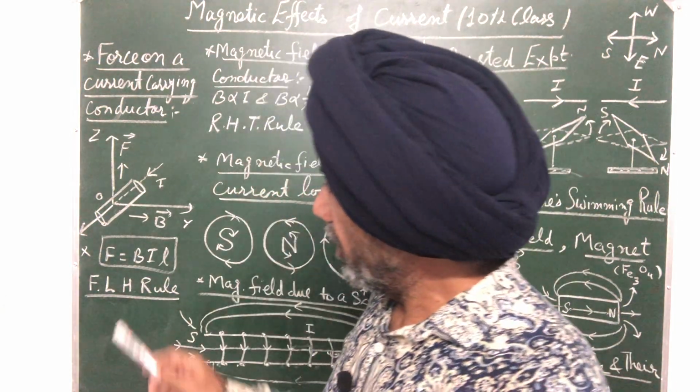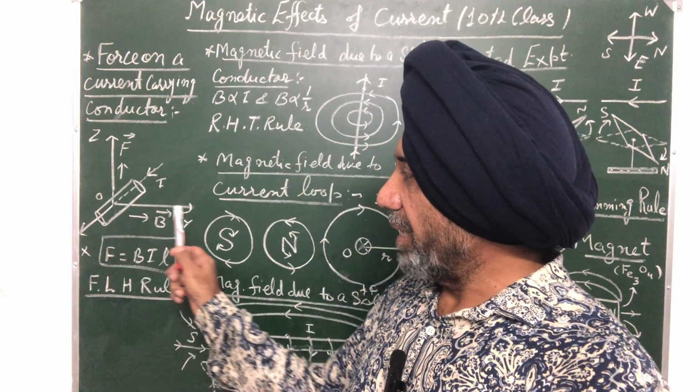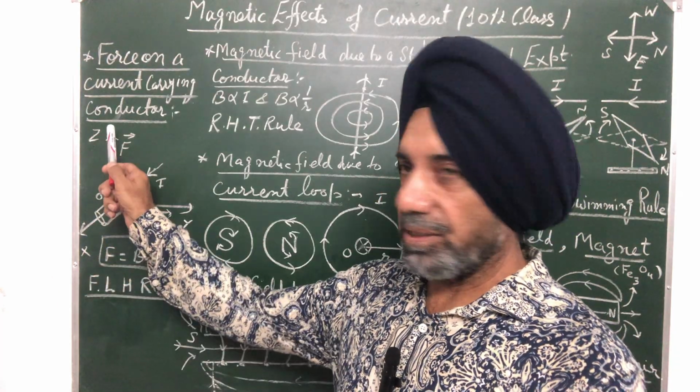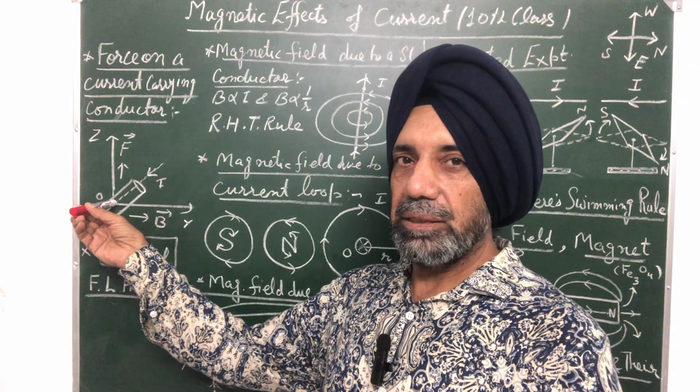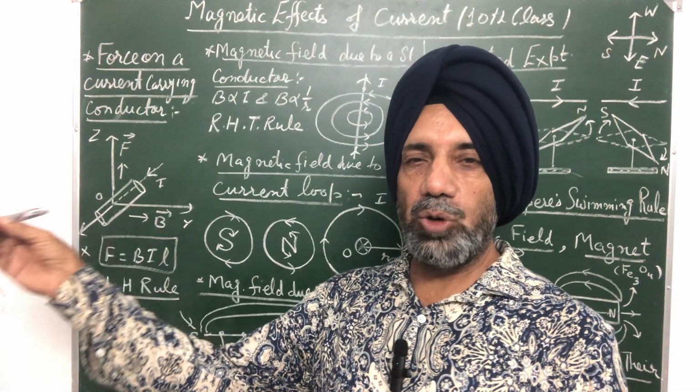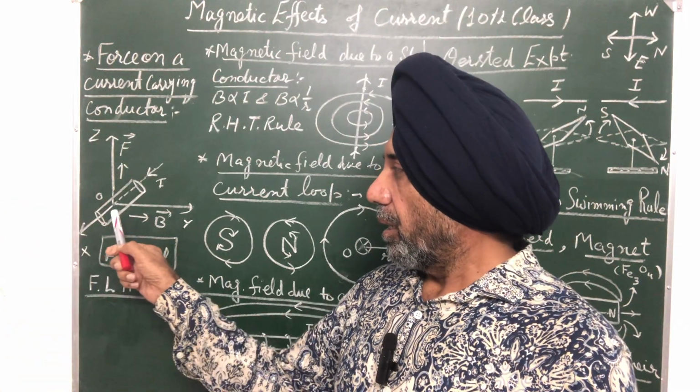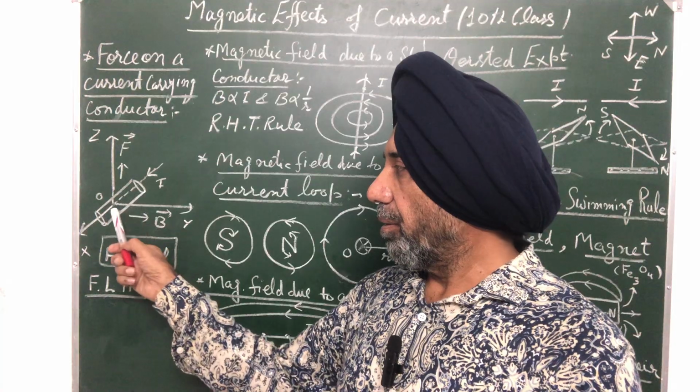So suppose this is the y-axis, this is the x-axis, this is the z-axis. That means the x-axis is pointing normal to the plane of the board, directed toward you. Suppose the magnetic field is acting along the y-axis.